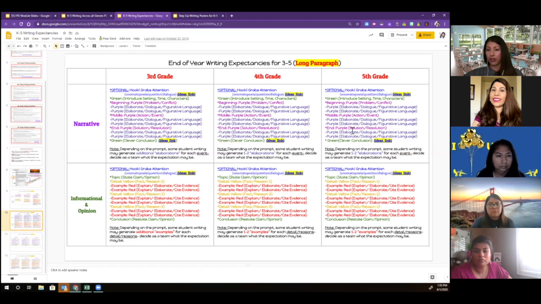So starting in 3rd grade, the expectations are that it's an essay, right? It's multiple paragraphs now. And so this is explaining that. So it's a good visual there for the teacher and for the students.